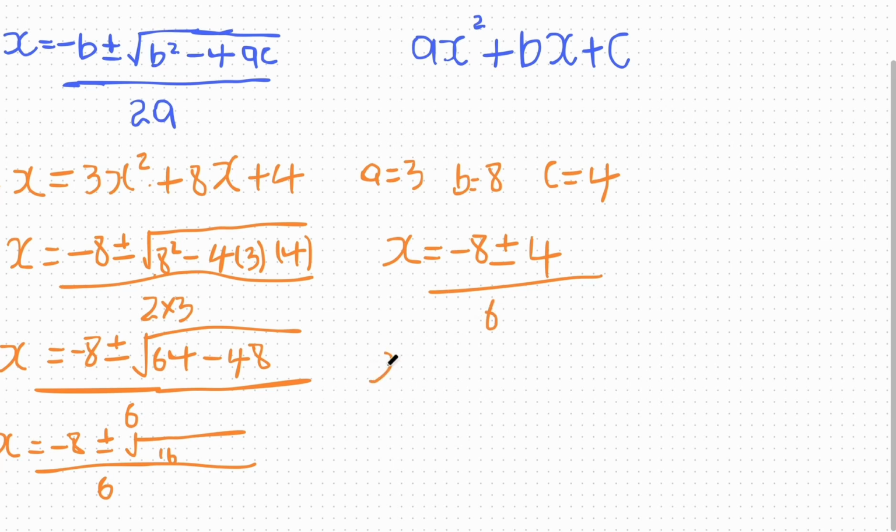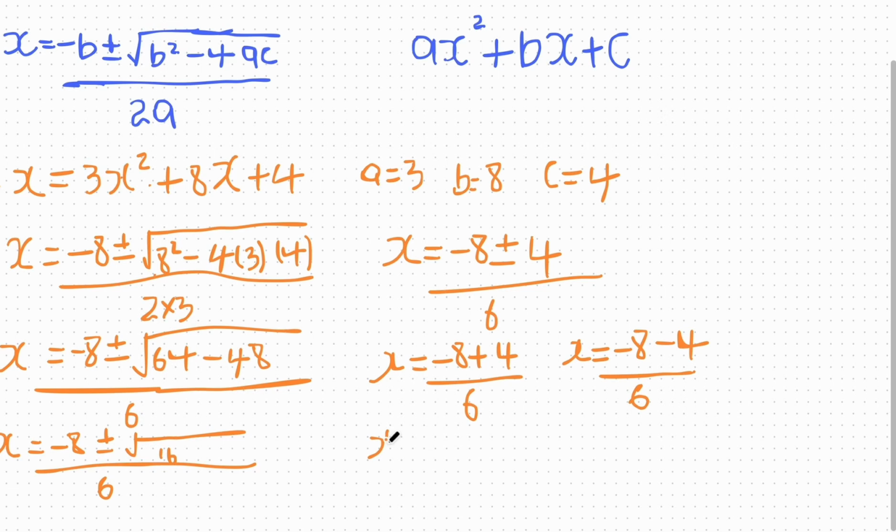So x is equal to negative 8 plus 4 divided by 6, and x is also equal to negative 8 minus 4 divided by 6.